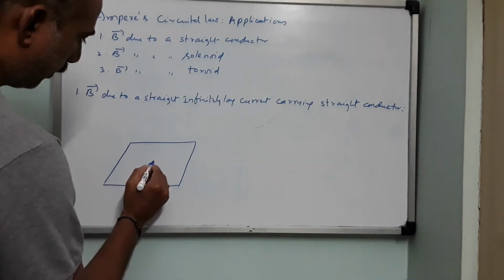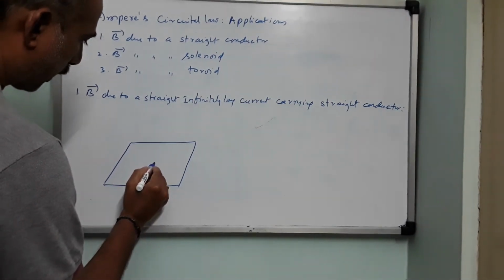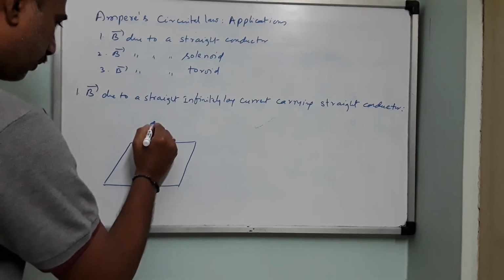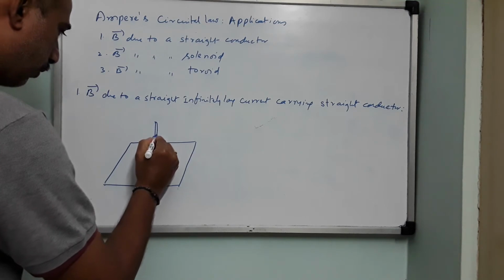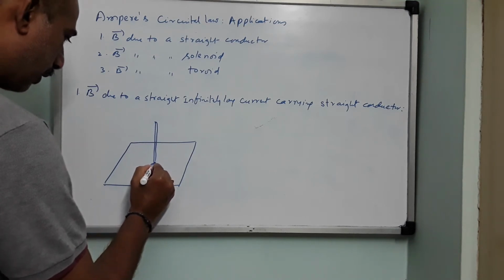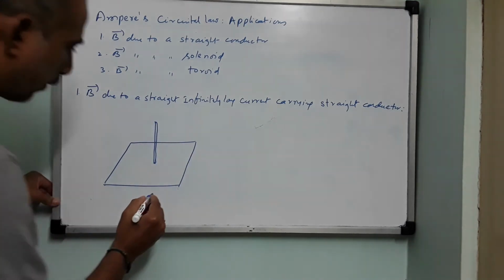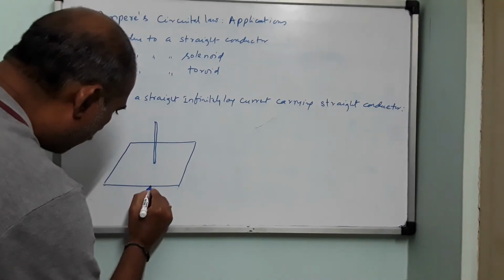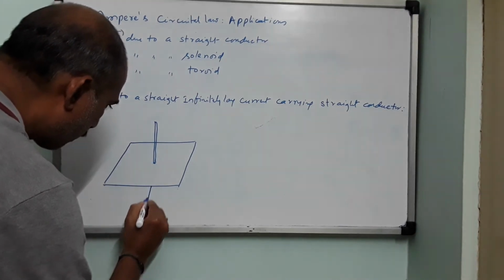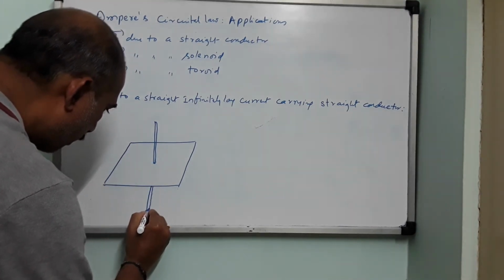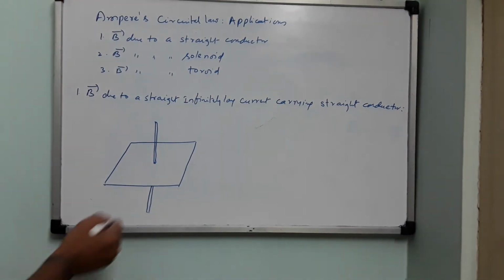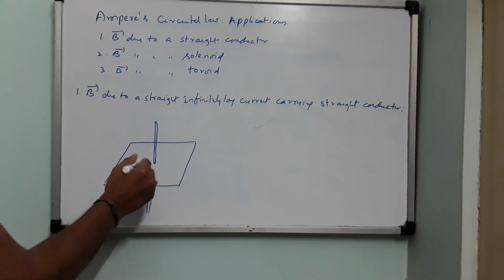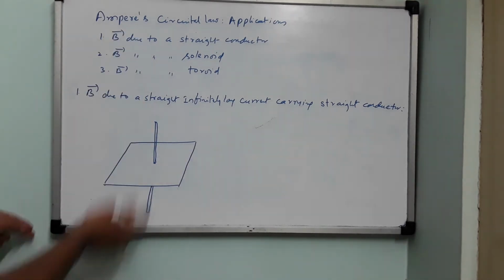So here I am imagining a conductor. I try to draw as good as possible, and exactly below this is the conductor. So it gives an appearance that it is in the horizontal plane and this is in the vertical plane.